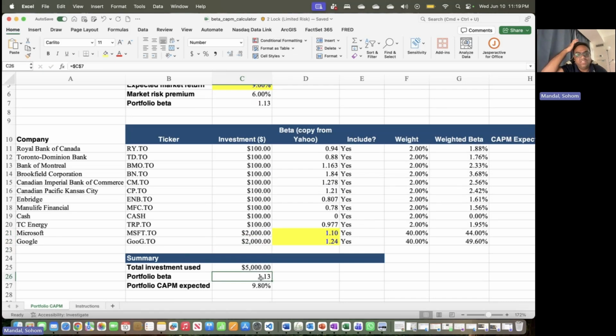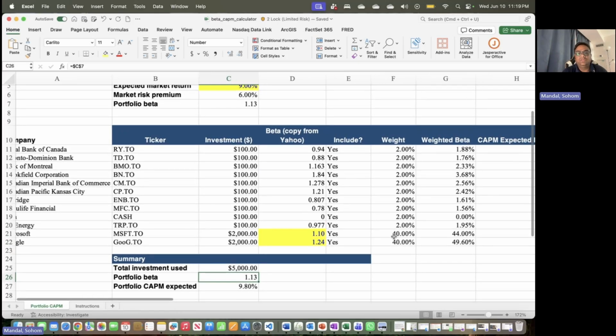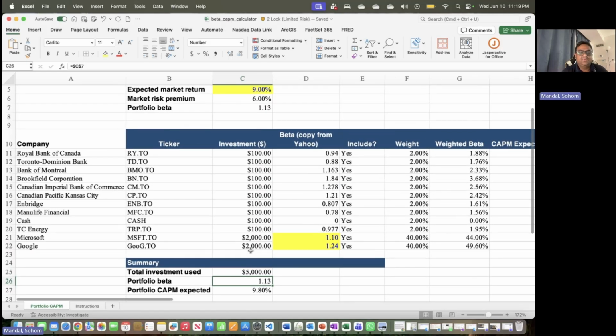So you are taking more risk for the market, and you put more money, so you have higher risk and eventually higher return. So if you want to design something more balanced, you can put $1,000 here and $1,000 here, and then your portfolio beta is near 1, but still a little higher than 1.